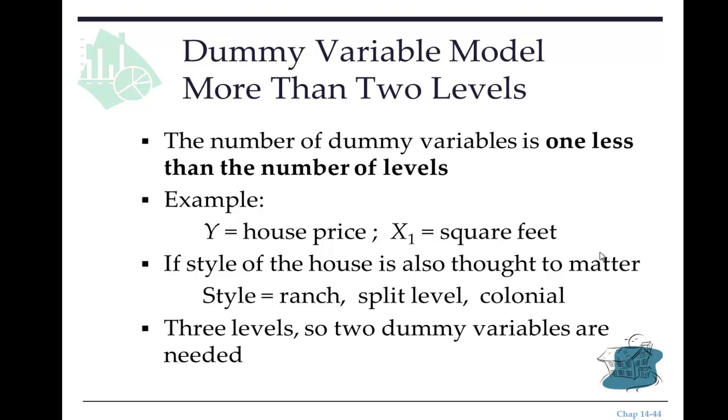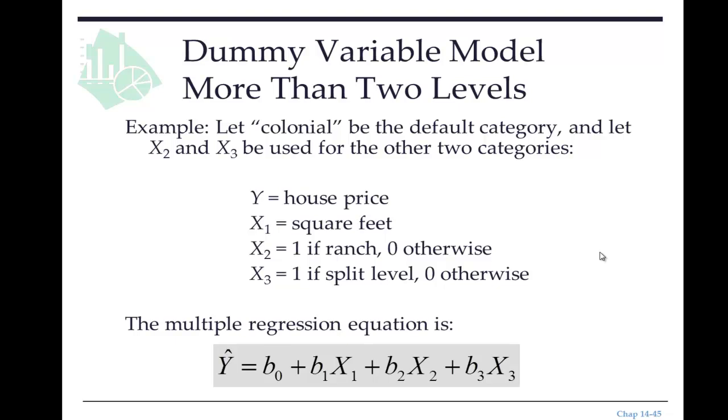So here we need to use two dummy variables. Specifically, we can use x2 to model whether the style is ranch, and x3 to model whether the style is split level. Specifically, x2 equals 1 represents ranch, and x3 equals 1 represents split level.